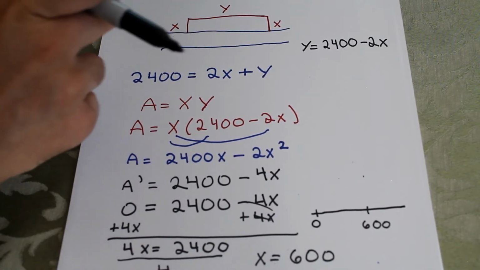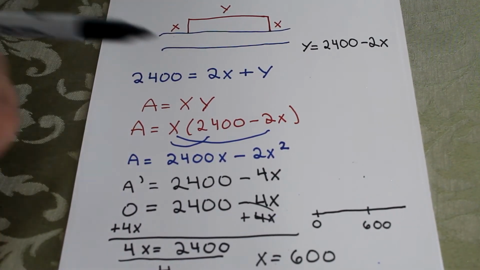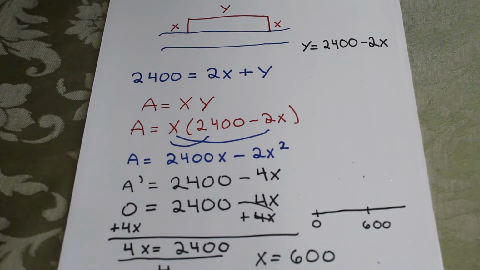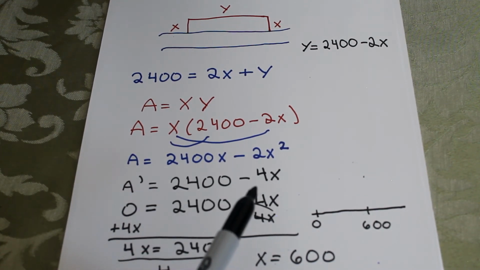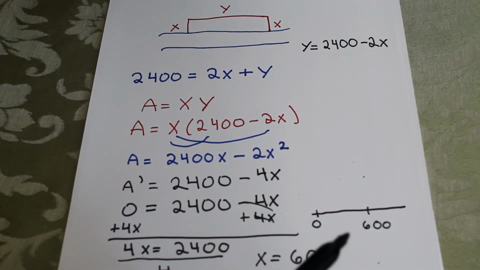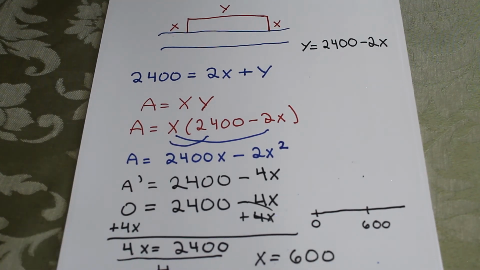To figure out if A prime is positive or negative in the interval 0 to 600, we have to take a number that falls in the interval and plug it into A prime. For the sake of convenience, let's just use 1.